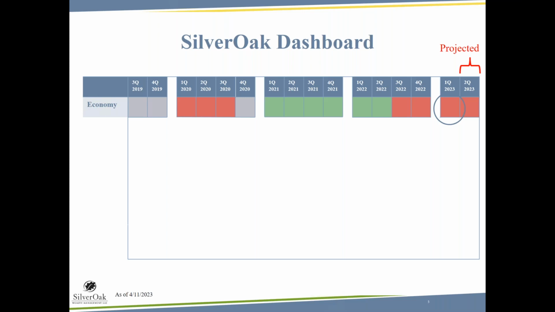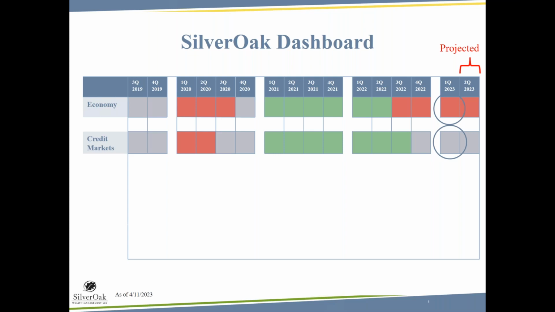So you can see the economy makes up one of those 4 components, and over the last really couple of quarters, it's been shaded red, which means negative. And the green obviously is positive. If it's gray, it's more neutral. And we still are here in kind of that red category, that negative category, and projected to stay in the negative category for the next quarter as well.